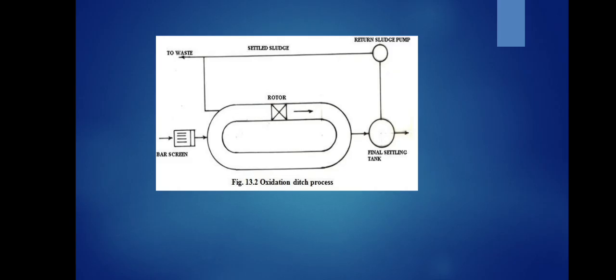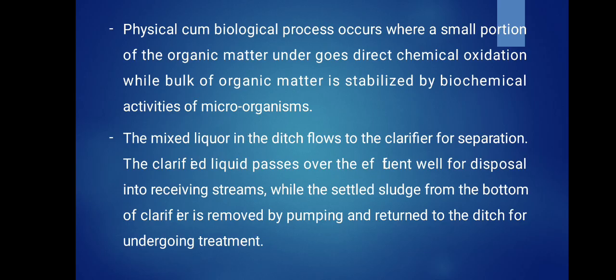While it's rotating, the wastewater absorbs the oxygen from the atmosphere and it forms a cluster or sludge-like mass. Then the sludge is removed and this remaining wastewater again enters into the oxidation ditch. This is the process.